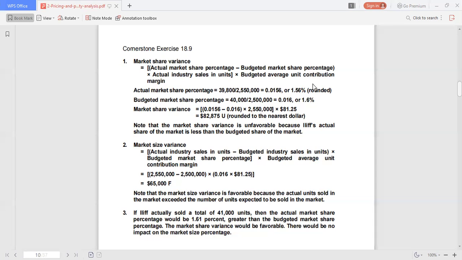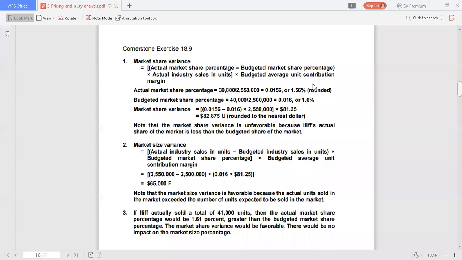The actual is 2,550,000. So the budgeted market share percentage is equal to 1.6%. The actual market share percentage is 1.56%. So the market share variance is the difference, and we have now the formula.